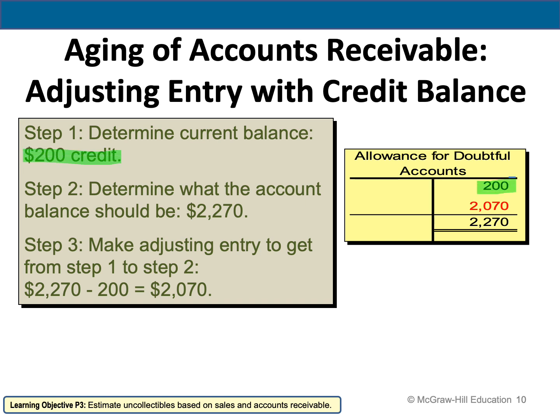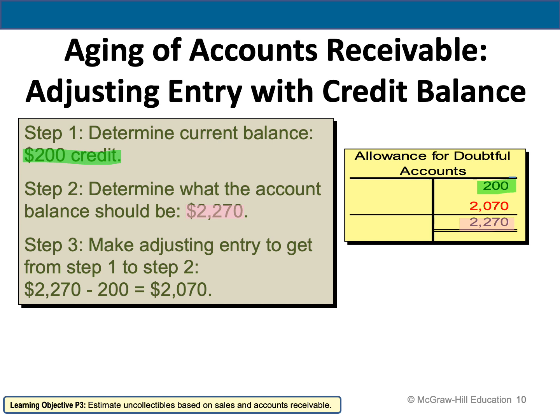So that's why I'm going to record the previous allowance balance of the previous year in the T account, which is 200. Then remember, when we did the aging method table, the total of the estimated uncollectibles was 2,270, and it was here the ending balance, 2,270.